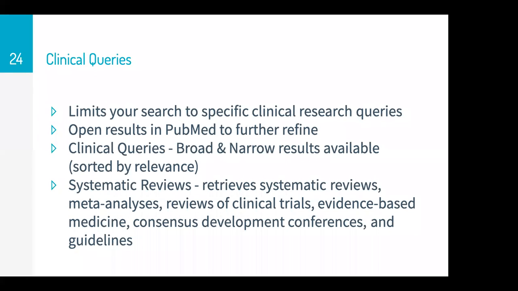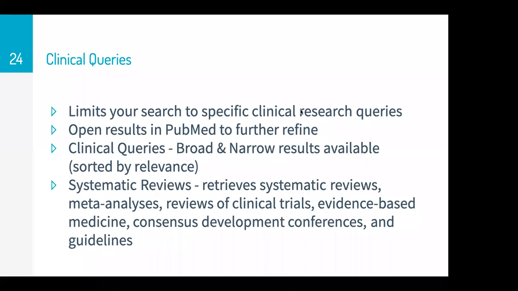So clinical queries is just another way. It's a smaller subset of results in PubMed that is limited to very specific study types. So if your clinical question is related to some sort of therapy, it's going to limit your search results to randomized controlled trials, and I think a few other types of studies.